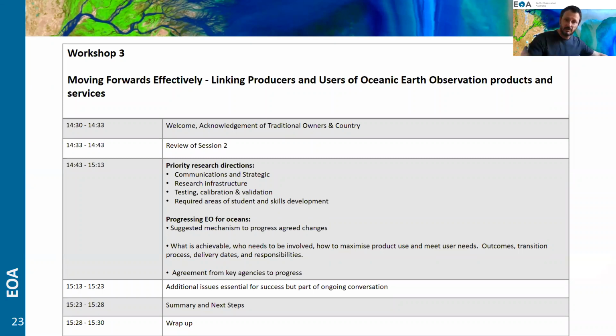I mean, yes, we do have the Forum for Operational Oceanography. That's every couple of years. We do have IMOS and its associated activities, but that's not necessarily linked through to the Space Agency and civil space priorities. So interested in any thoughts on how to go forward here.